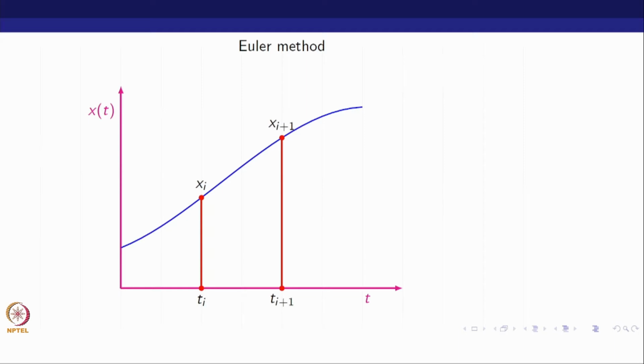This segment, ti plus 1 minus ti, I am calling the step size, which is delta t. Corresponding to the curve between xi and xi plus 1, you approximate it as linear, in the sense I draw a straight line from xi to xi plus 1.